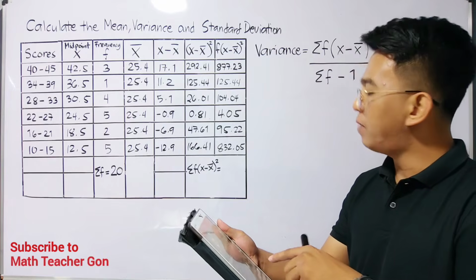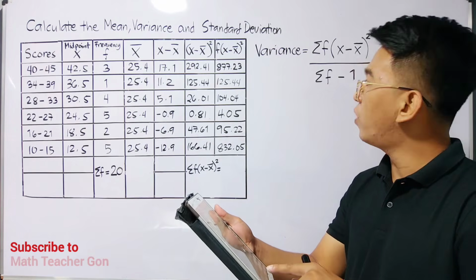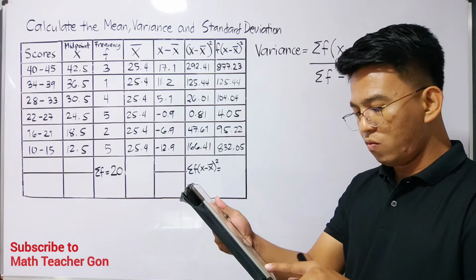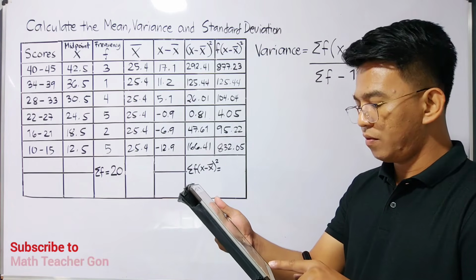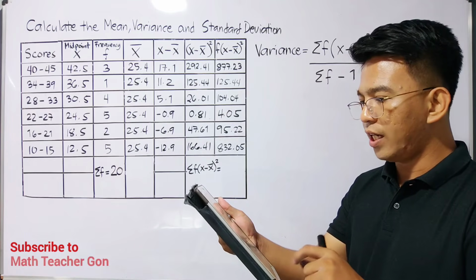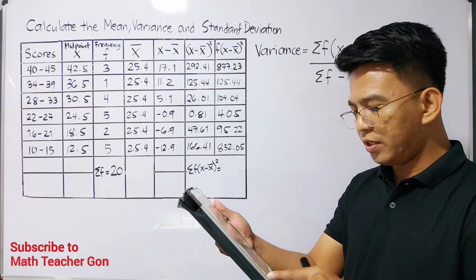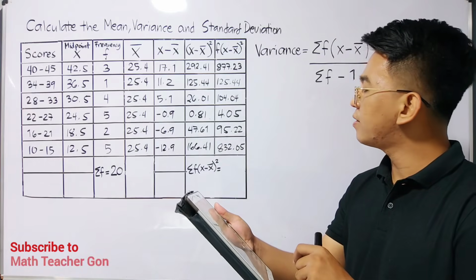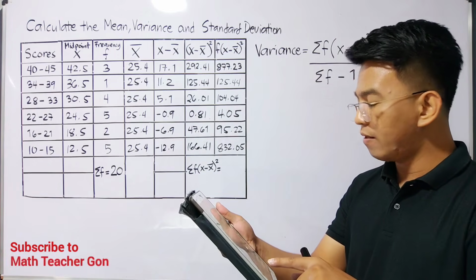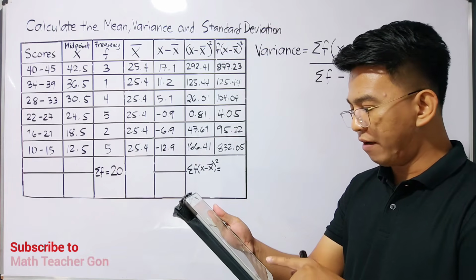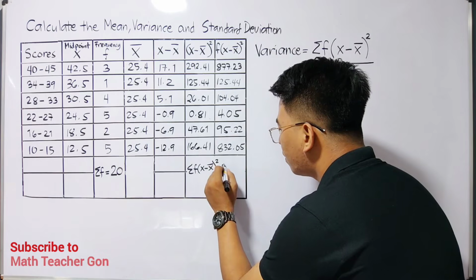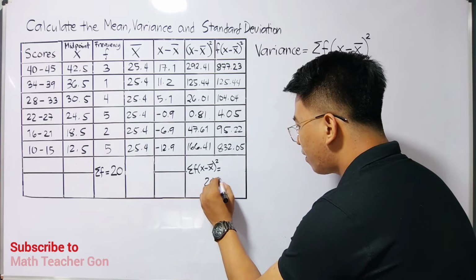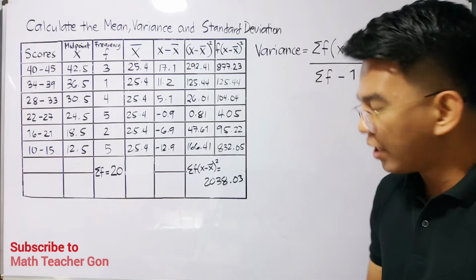So, we have now, medyo mahaba pero bear with me, 877.23 plus 125.44 plus 104.04, okay, plus 4.05 plus 95.22 plus 832.05 is equal to 2,038.03. Ito ngayon yung magiging value na i-substitute natin dito.